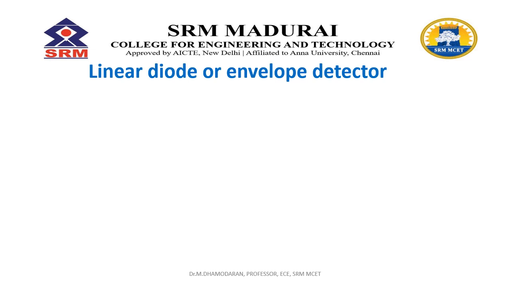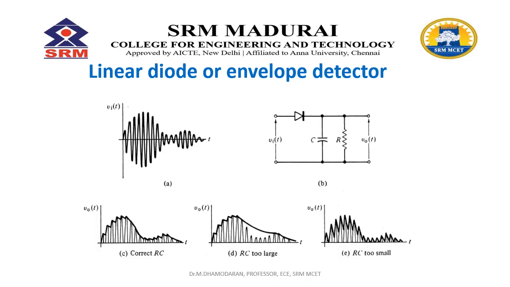Another method is the linear diode or envelope detector. Here also the principle is the same, and we can change the waveforms. When we have the correct RC circuit, the envelope will be like this. If there is a change in the RC and it is too large, we get a distorted envelope signal, so there is a possibility of error.